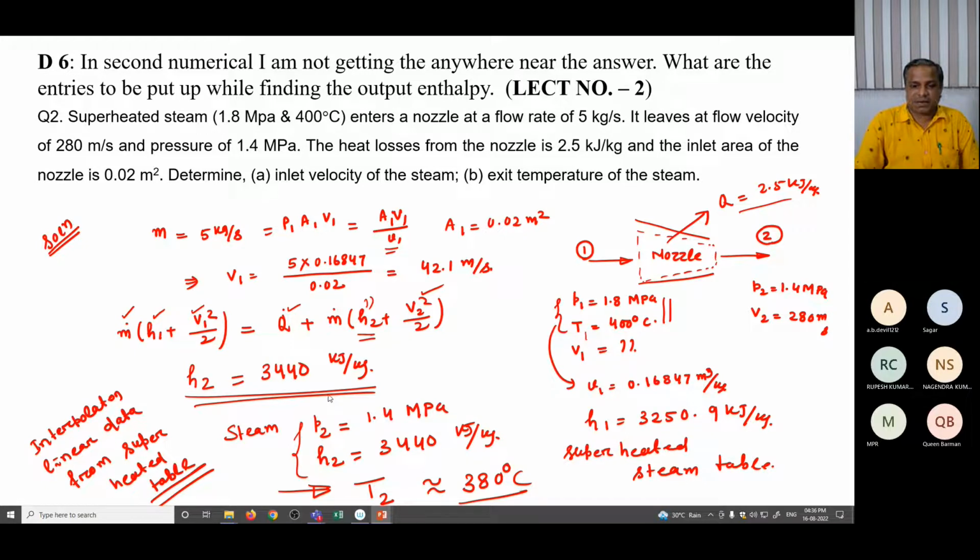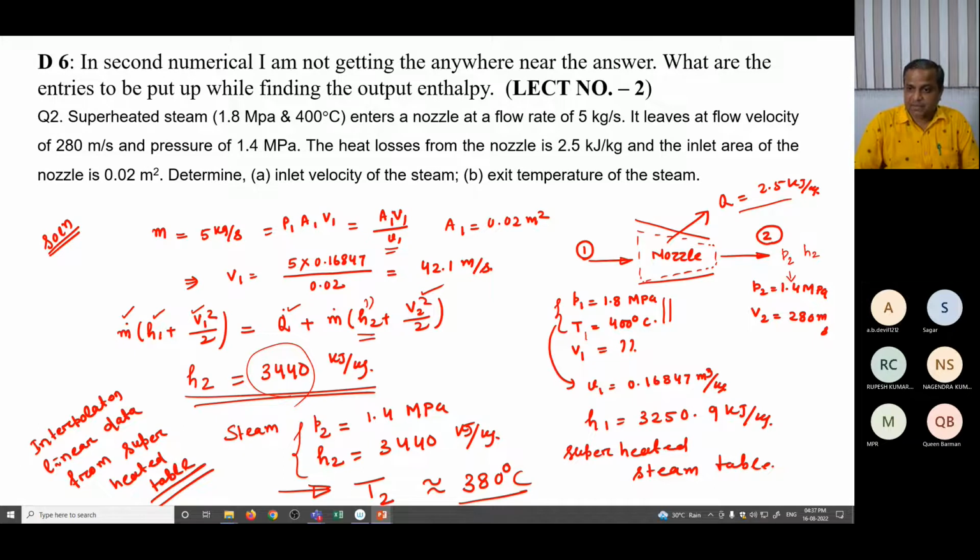At the exit condition, what we know is P2, which is 1.4 MPa, and H2, which is calculated from this equation. Knowing these two numbers, we need to find the exit temperature. Basically, the data table requires your complete knowledge of how to use the steam table. Now, when two coordinates are given, pressure and temperature, it is obvious that you should use the superheated data for the steam table.